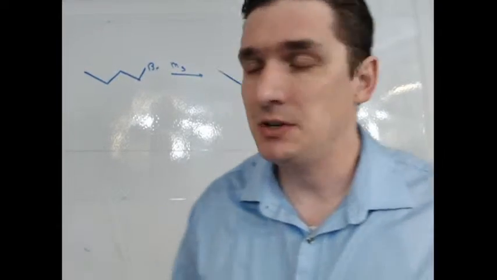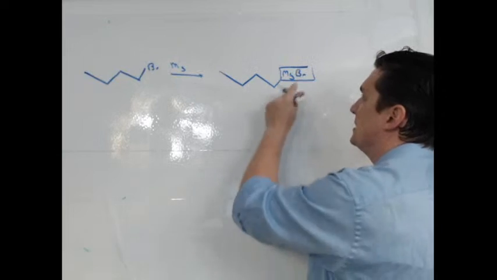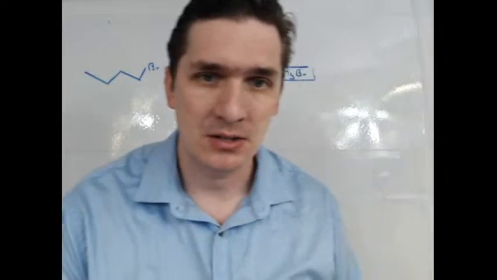If you just draw the structure, and on this particular atom you alter it as text and make it MgBr, that'll be the correct answer for that one.